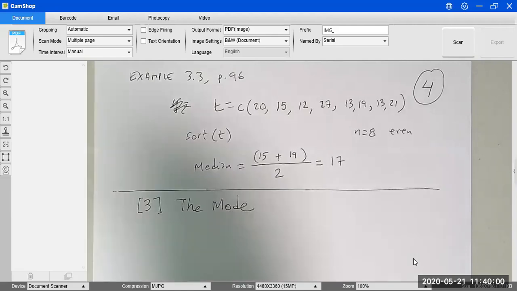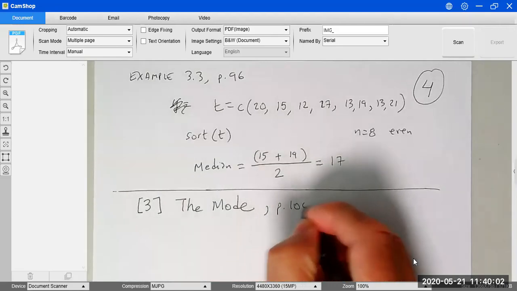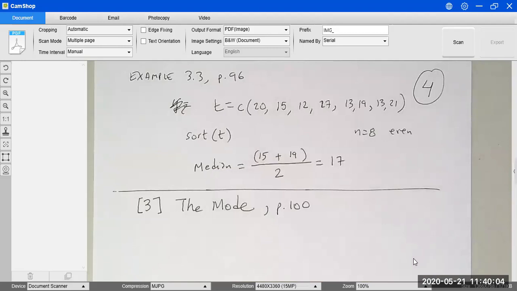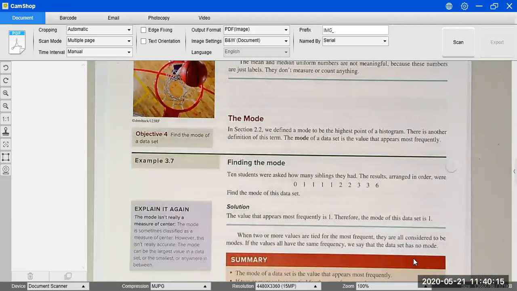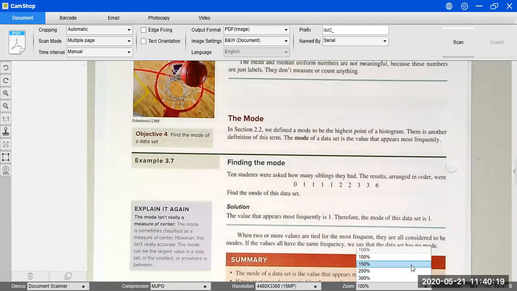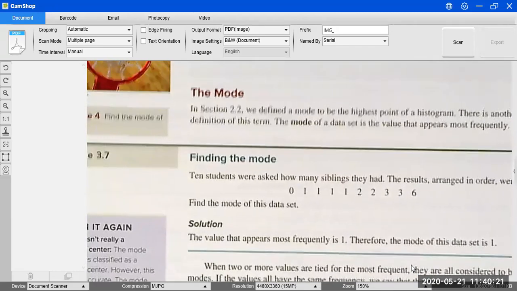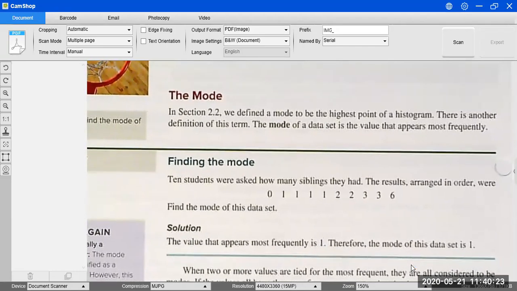It's on page 100. The mode is just the value that appears most frequently. If you check your book on that page, you're going to find the definition of a mode.